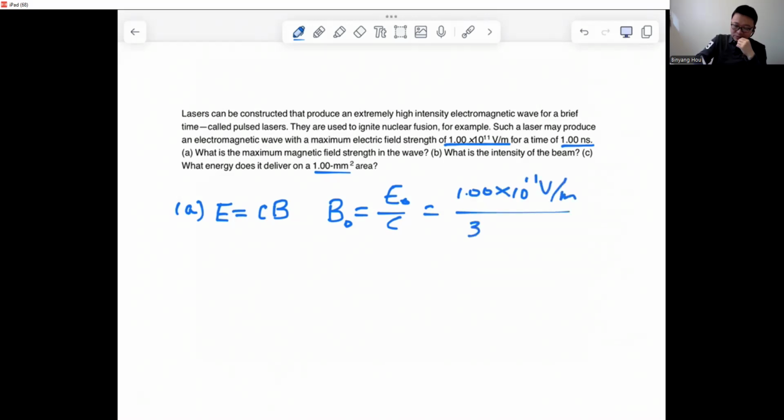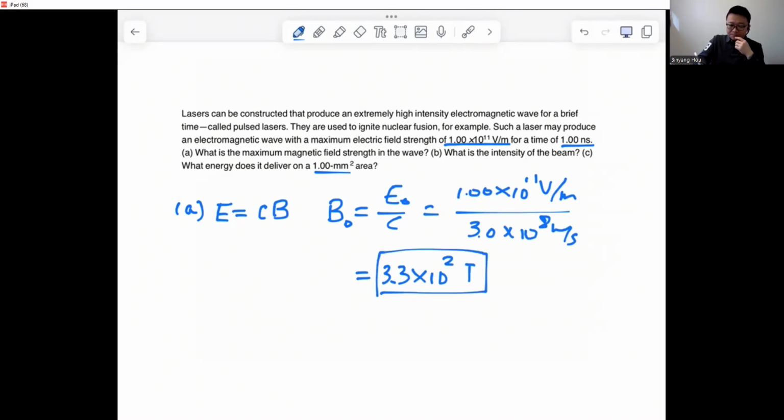Over C, we will just use 3.0 times 10 to the 8th meters per second. If we use everything in SI units, our result should also be in SI units. So this will be 3.3 times 10 to the second, and the B field should be in the SI unit of Tesla.